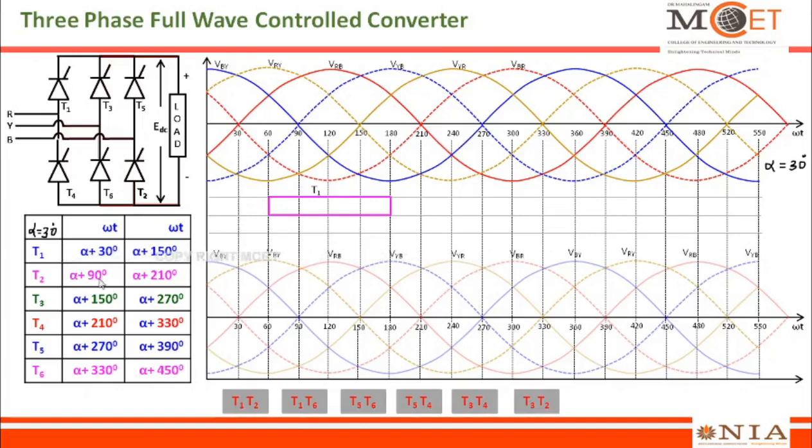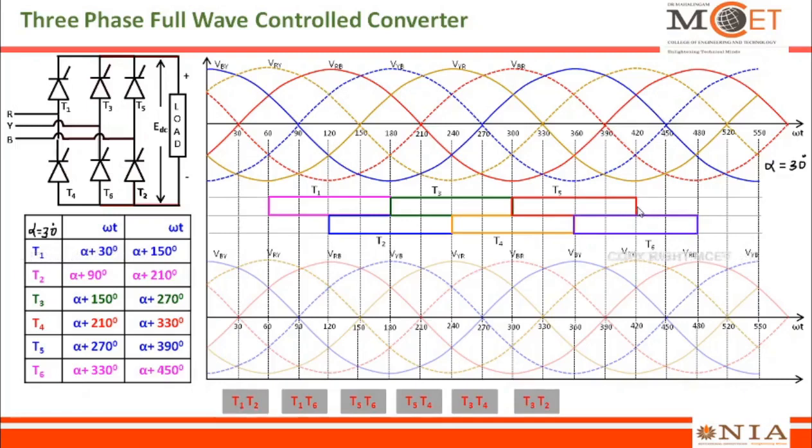T2 will start at 120 and end at 240. T3 will start at 180 and end at 300. T4 will start at 240 and end at 360. T5 will start at 300 and end at 420. T6 will start at 360 and end at 480.